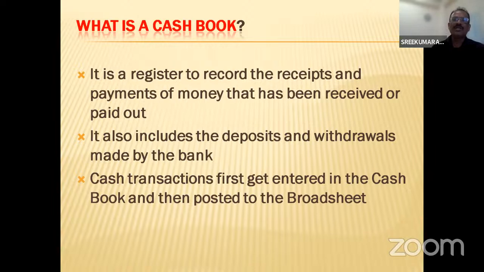So our cash book doesn't just tell about the receipts and payments we make, but also the transactions the bank does to our bank account. Cash transactions first get entered in the cash book and then posted to the broadsheet. So the initial level of entry when a transaction happens is first entered in the cash book and then it gets posted to the broadsheet.